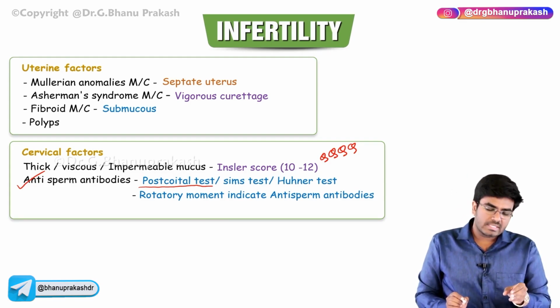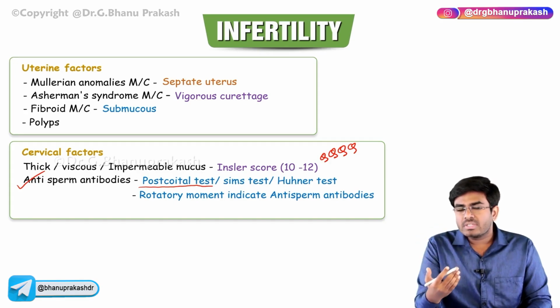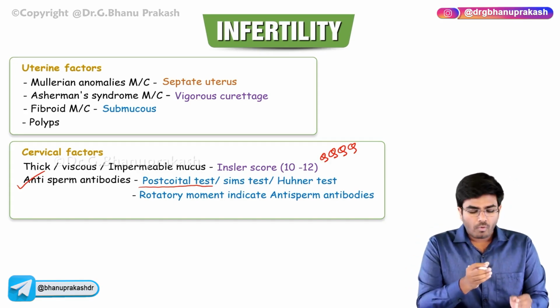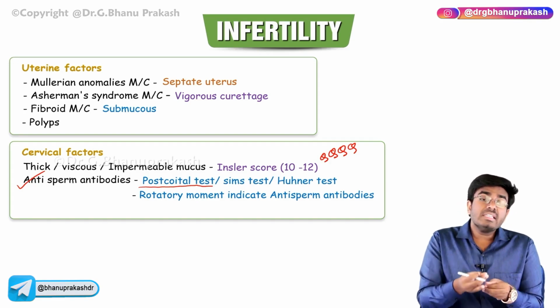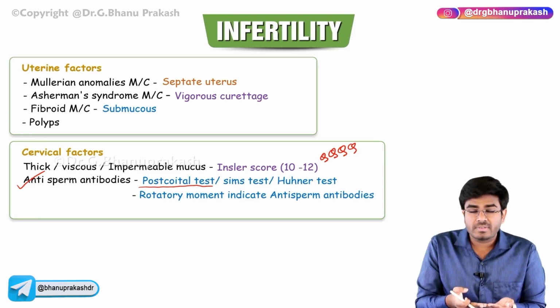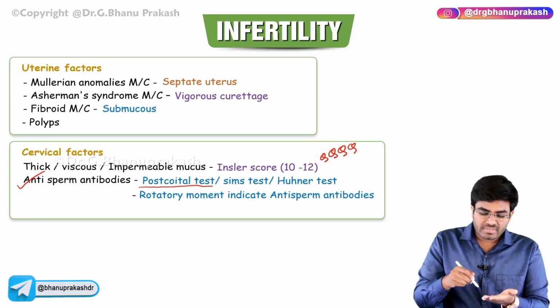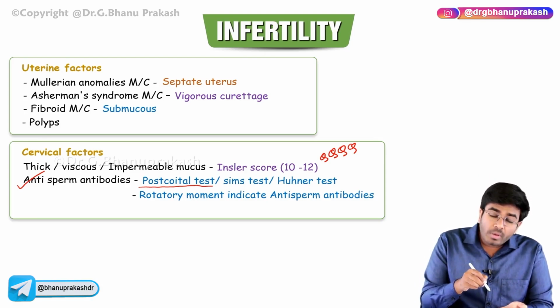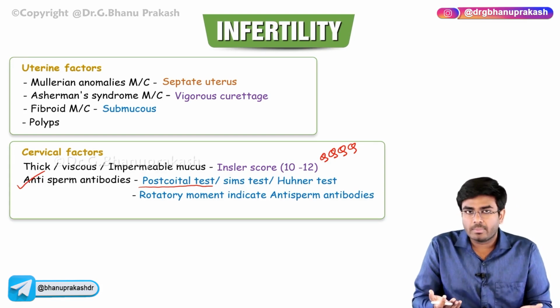Okay, so in this test, what we will be doing is asking the couple to participate in intercourse and come after some time. We are going to collect the cervical mucus and we will see the interaction of the cervical mucus and the sperms which are present in the cervical mucus. Now, in this cervical mucus, if sperms are progressively motile, there are no anti-sperm antibodies.